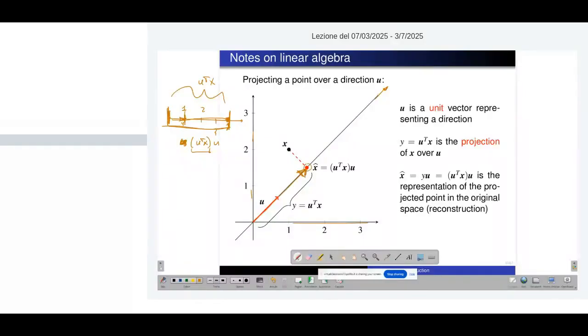If I consider the vector as the coordinate of the points where the arrow ends, that's exactly the projected point expressed in the original space. So this corresponds to the coordinate of the projected sample in the original space. This gives me the projection over u, and this gives me the coordinate of this projection in the original space.